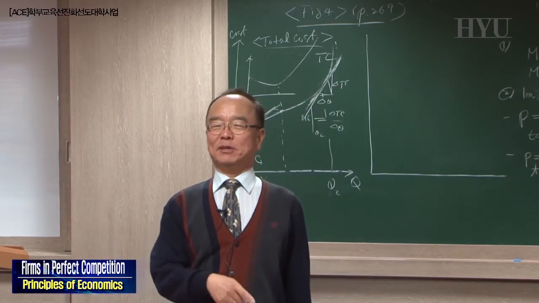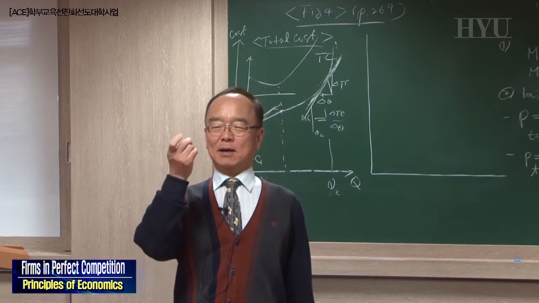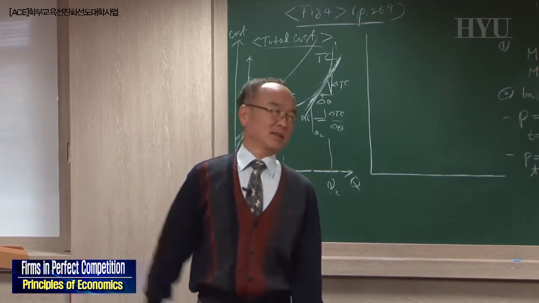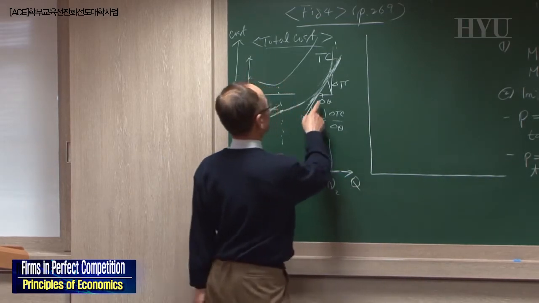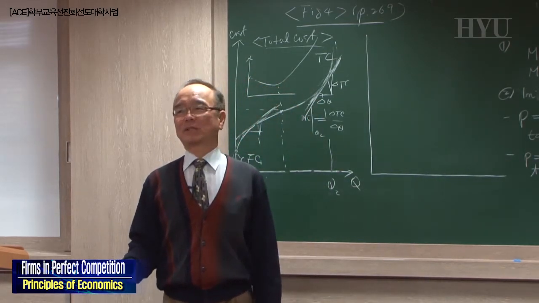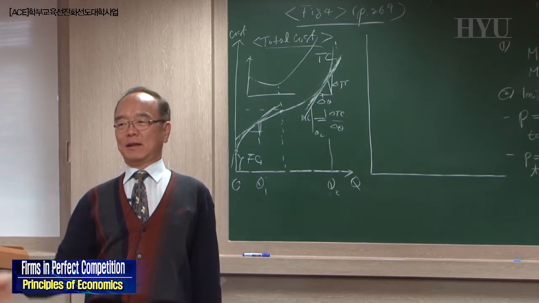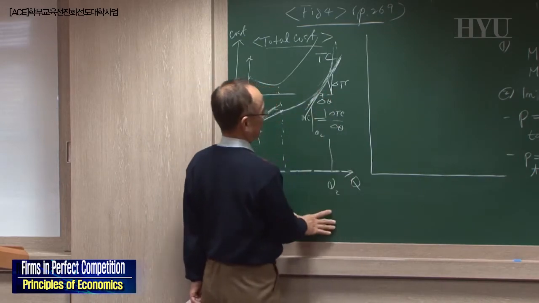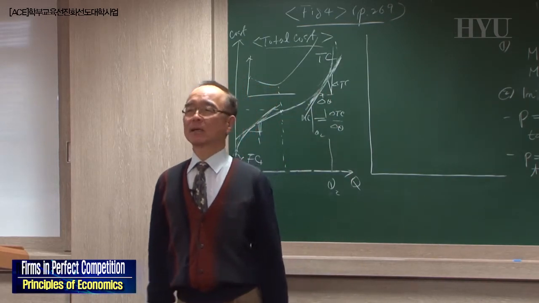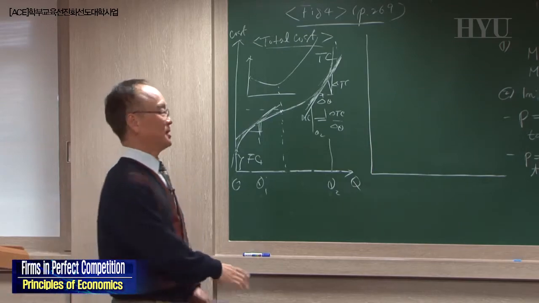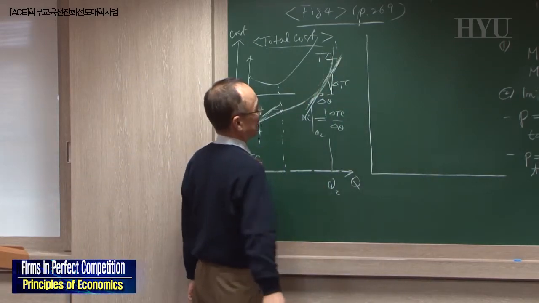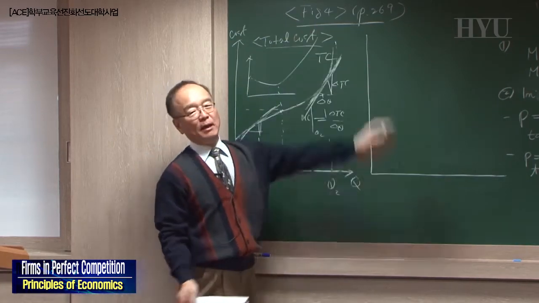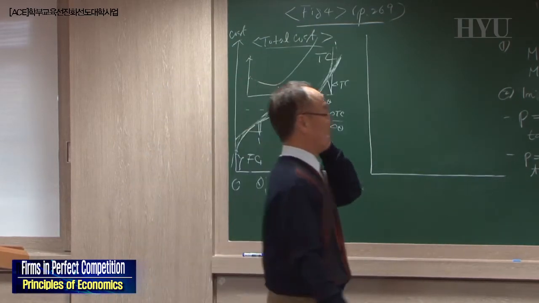If Kyunghwa is more productive, you will hire Kyunghwa first, followed by Yerin, in that order. So as you expand your operation, you have to hire less and less productive workers. That's number one. And then congestion, because here we assume capital is fixed, so you have a congestion problem. That's the typical explanation of why MC has this type of shape.